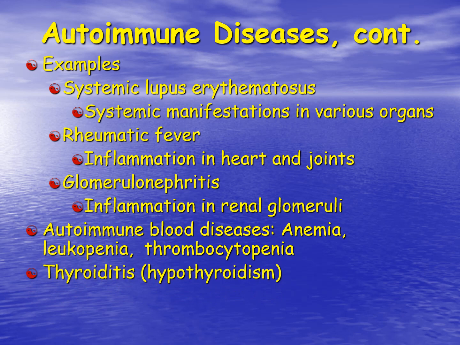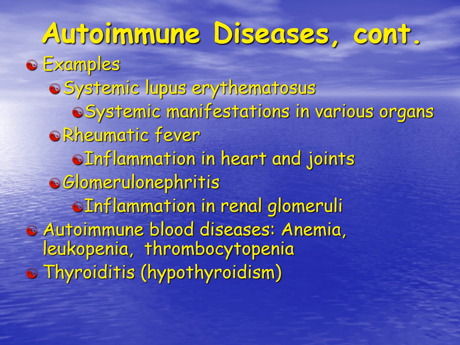Thyroiditis: there is a form of this that is an autoimmune hypothyroidism. It's actually called Hashimoto's disease. And what happens in hypothyroidism is that the autoantibodies bind to the thyroid stimulating hormone receptors of the follicular cells in the thyroid gland, destroying the follicular cells.